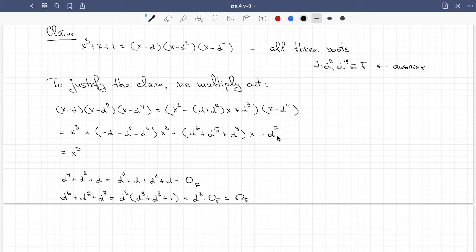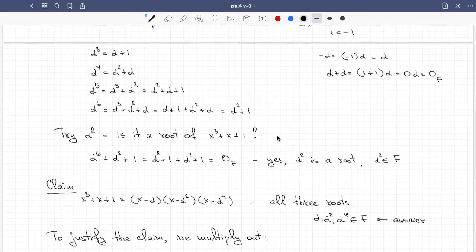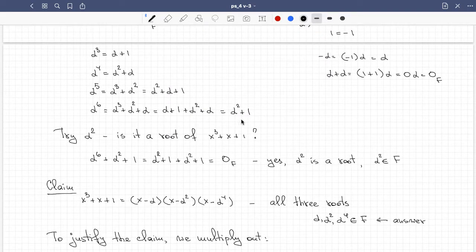What about the last one? The last one is alpha to the 7. Let us see what happens with alpha to the 7. We already finished with alpha to the 6. Alpha to the 6 is alpha squared plus 1. Let us add alpha to the 7.